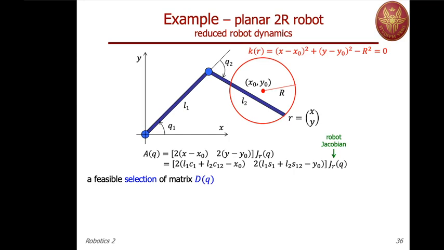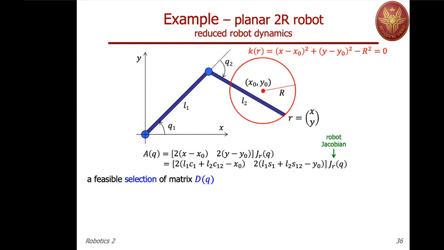We have also already written the Jacobian of the geometric constraint, h of q, and we have seen that this is the product of a 1 by 2 matrix expressed as a function of the configuration q1 and q2 of the robot, times the 2 by 2 robot Jacobian. We assume here that we are not in a singularity, neither of the robot nor of the robot with respect to the constraint, so that A of q has full rank.